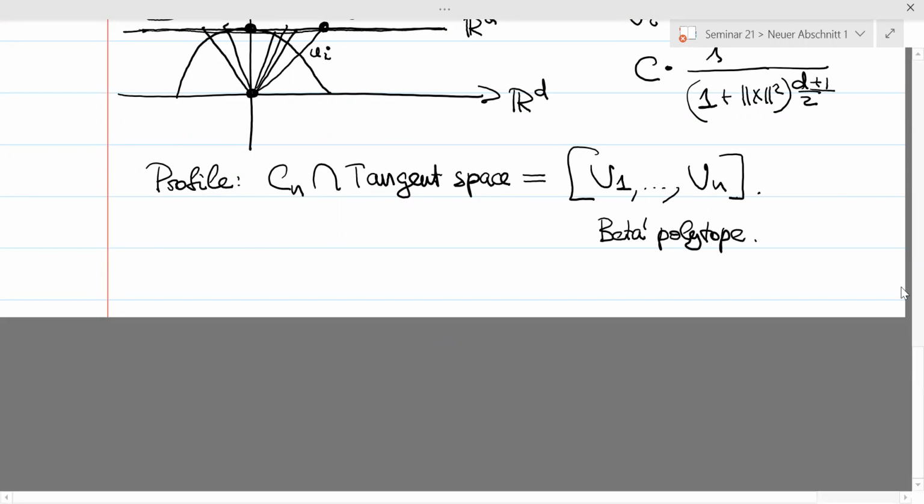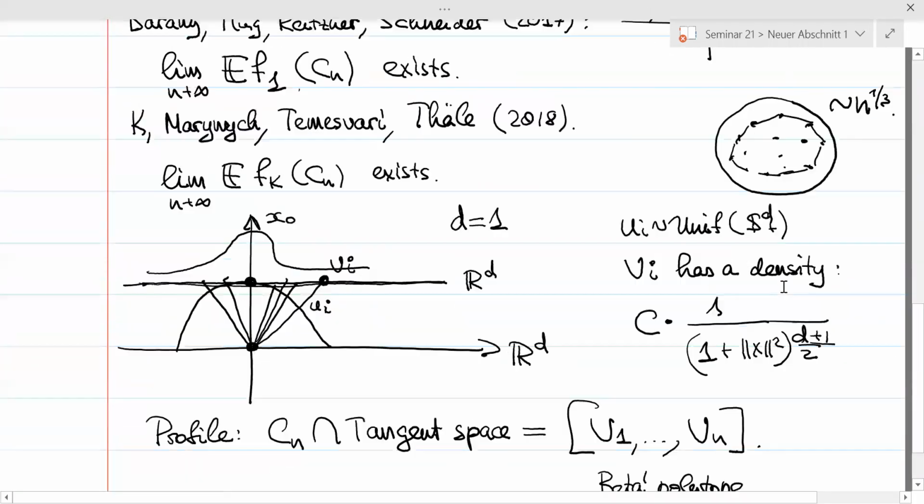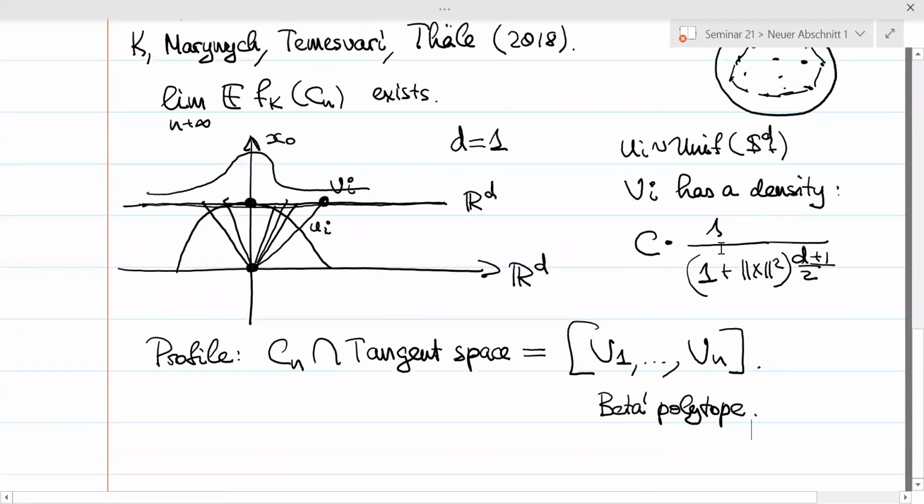And now the behavior is very simple because this distribution is a heavy-tailed distribution. It has power law tails. And for such distributions, there are limit theorems of extreme value theory.